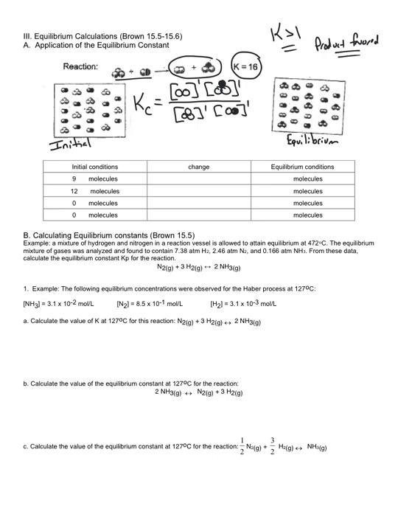Okay, now if I look at the conditions down here, I've already been told that there are 9 molecules, I believe, of this one. Let me check: 1, 2, 3, 4, 5, 6, 7, 8, 9. Yes, there are 9 of the 3-sphere molecules with no fill, and there are 12 of these molecules, and there are 0 of the other 2.